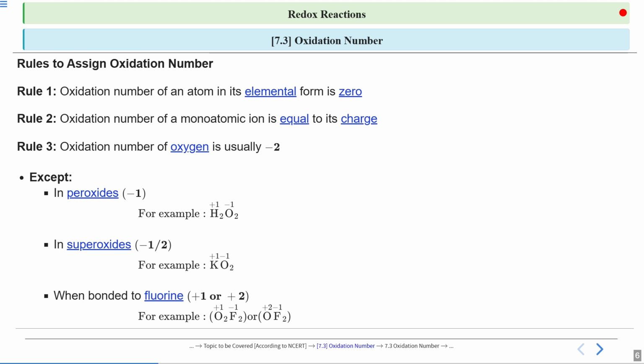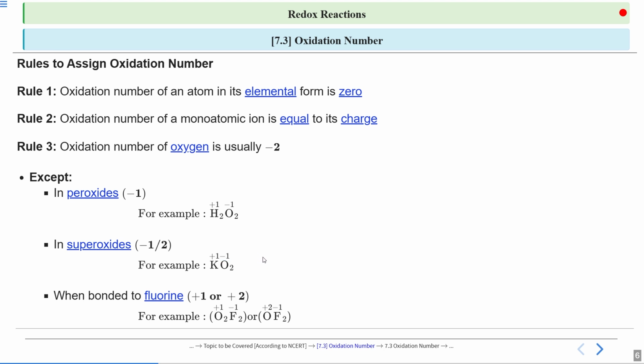In peroxides, like H2O2 and Na2O2, each oxygen atom is assigned an oxidation number of -1.